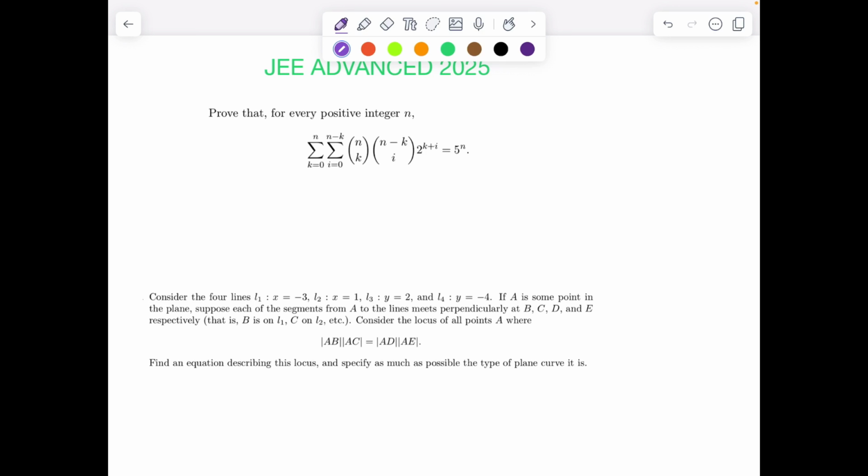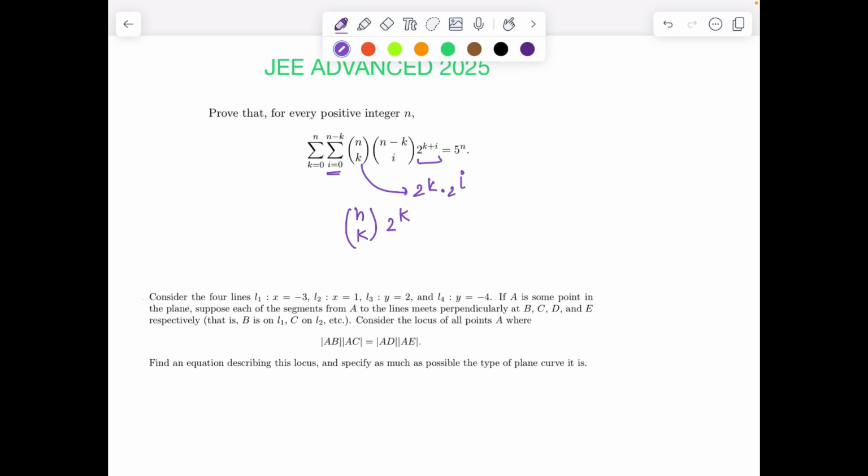i is running from 0 to n minus k, and k is running from 0 to n, and nCk times this term, we have to prove it's 5 to the power n. This kind of problem is very famous. What I'll do is first split 2 to the power k into 2 to the power i, and since i is running from 0 to n minus k, I can take everything except i separately.